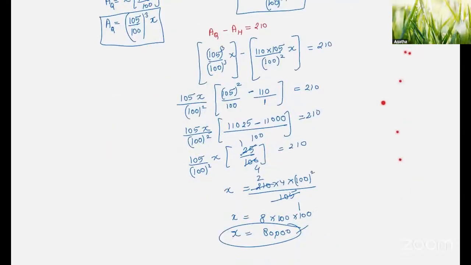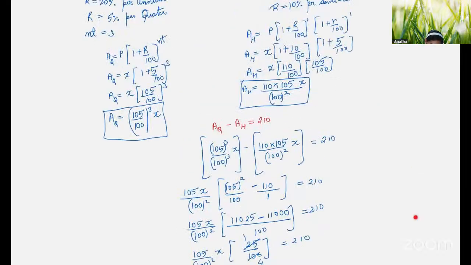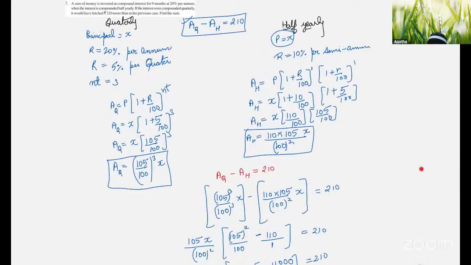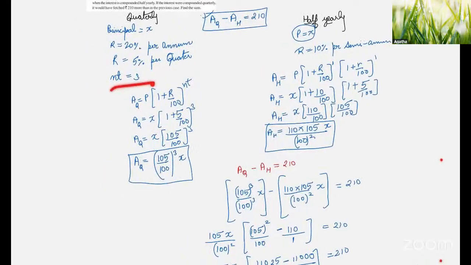So I took T as 9 months, and since it's quarterly, I took NT as, wait, first I was looking at half yearly. Then I used the formula which we use for half yearly, P plus 1 plus 10 by 100, because since it's half yearly, I took 10 as the rate.